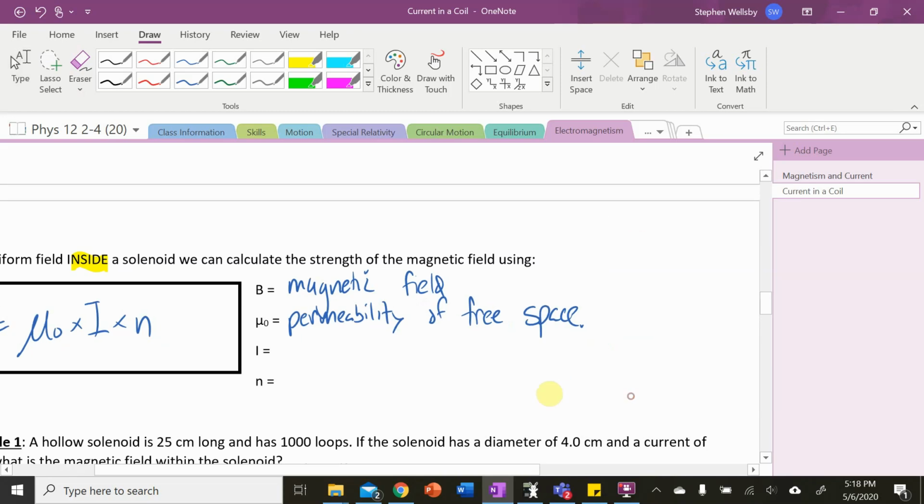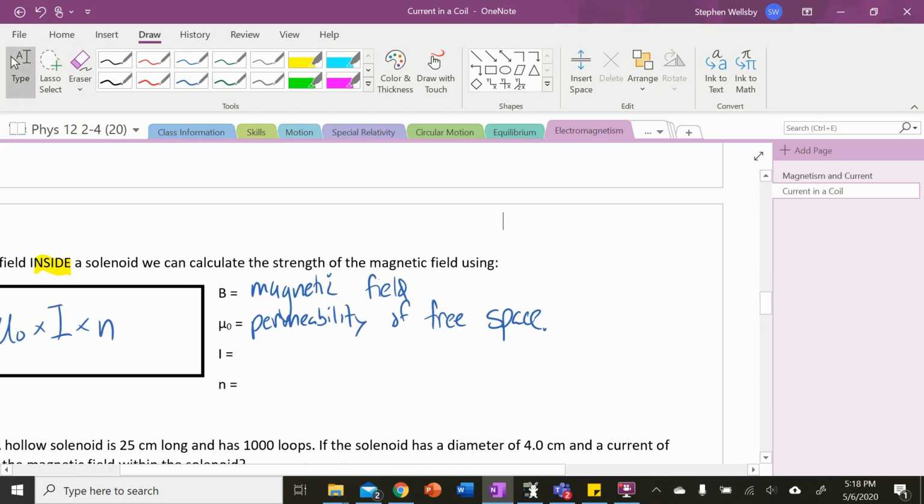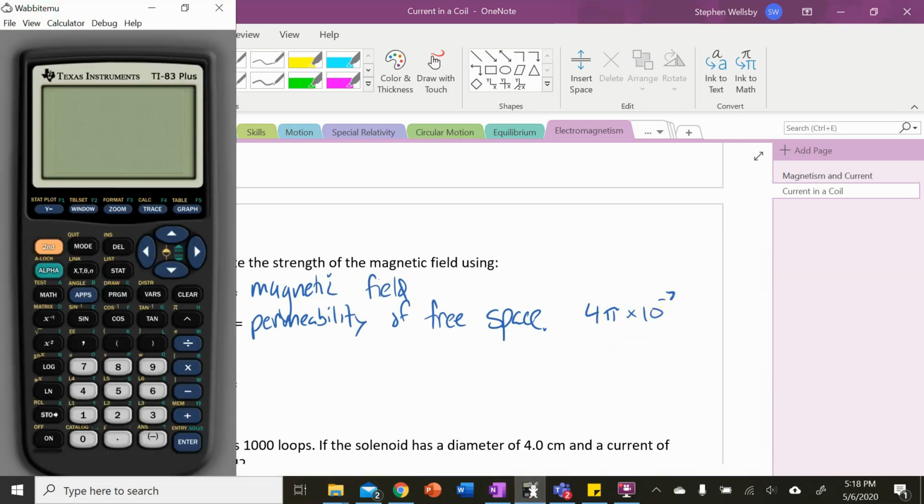Mu naught is another universal constant, and it equals 4 pi times 10 to the minus 7. If you calculate what that is, pi times 4 times 10 to the minus 7, this gives us about 1.26 times 10 to the minus 6.